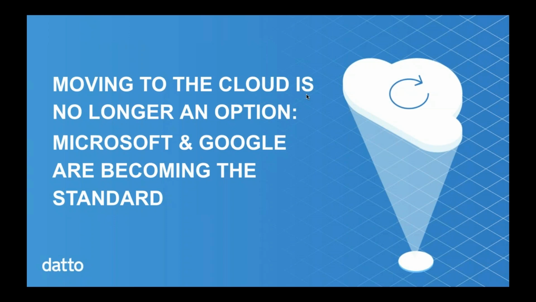We have the startup disks, all the stuff we used to remember from that more manual, more on-premise time period that we come from. Now I hear those same business owners talking about Office 365 and cloud applications, and what's funny is, to echo this slide, moving to the cloud really doesn't seem to be an option anymore. It really seems to be the standard. And again, I know there are outlier cases out there.